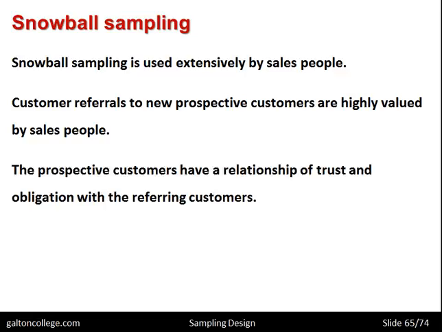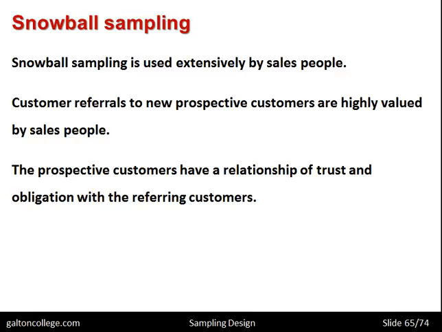The prospective customers have a relationship of trust and obligation with the referring customers. The prospective customers, the ones further away, have a relationship of trust and loyalty almost with the referring customers.